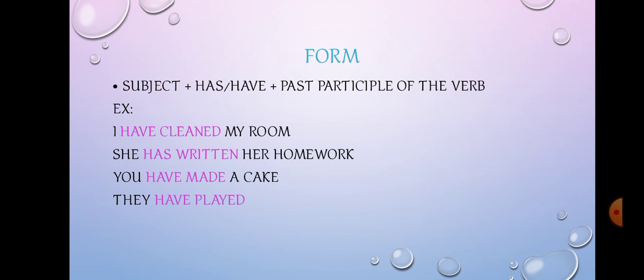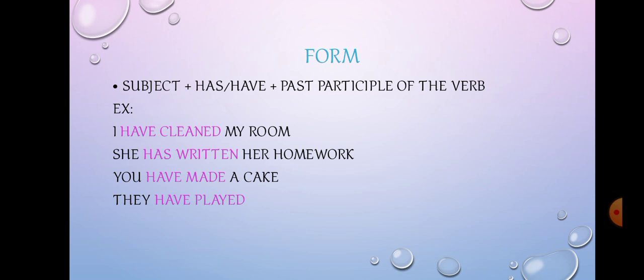The second sentence: she has written her homework. She is one person, singular, so in the sentence it acts as a singular subject, and we put has. Then the last sentence: they have played. They is plural, talks about more than one person, so in the sentence it also acts like a plural subject, and we put have.